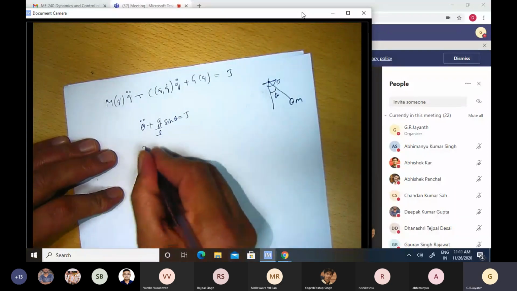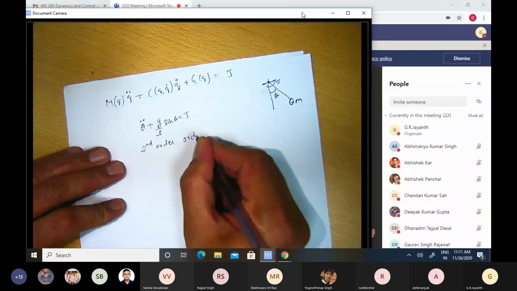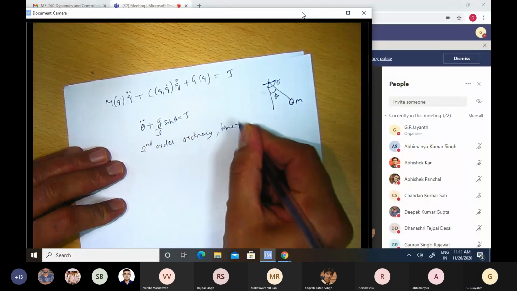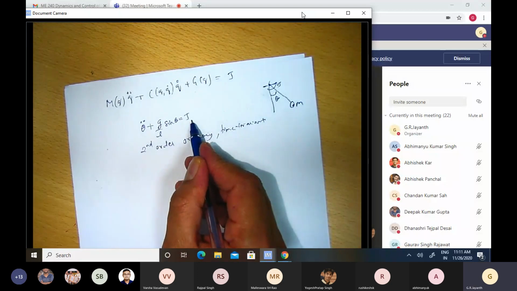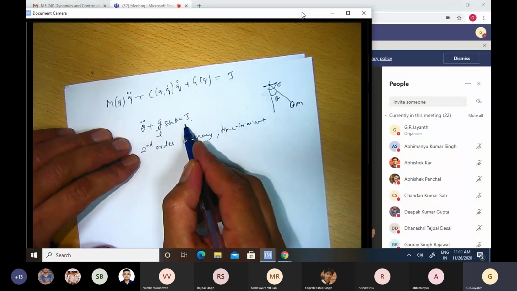Okay, so second order, ordinary, time invariant, and on the right hand side I have a forcing torque, right? So this equation is what is known as an inhomogeneous differential equation.